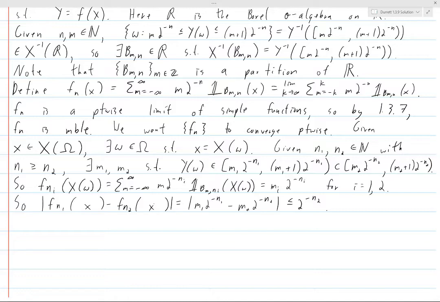So what this tells us is that fn of x is a Cauchy sequence, which I suppose I could have said beforehand that this is where we were going with this. To prove that fn converges pointwise, we are going to prove that fn of x is a Cauchy sequence. Maybe it would read better if I had said that before. Oh well. Anyways, this is a Cauchy sequence.